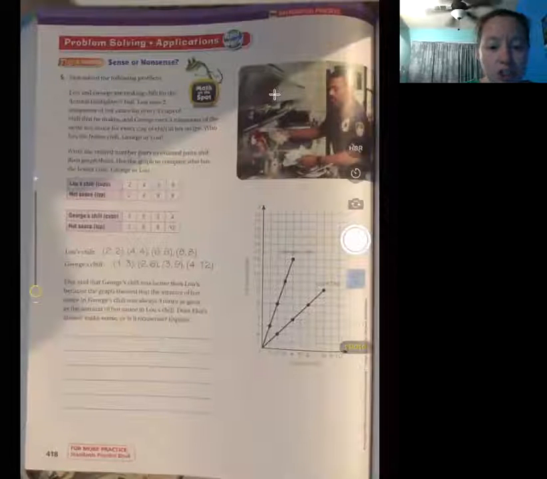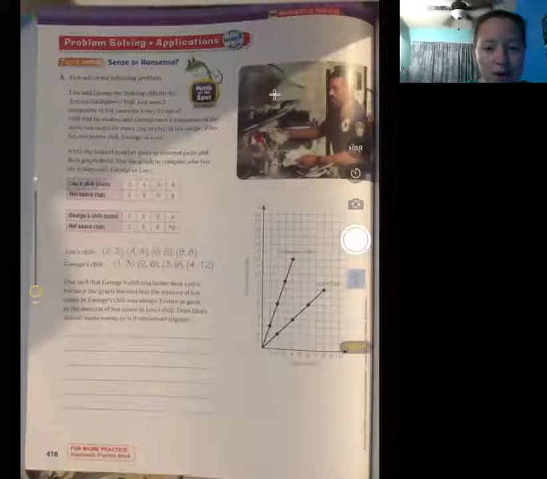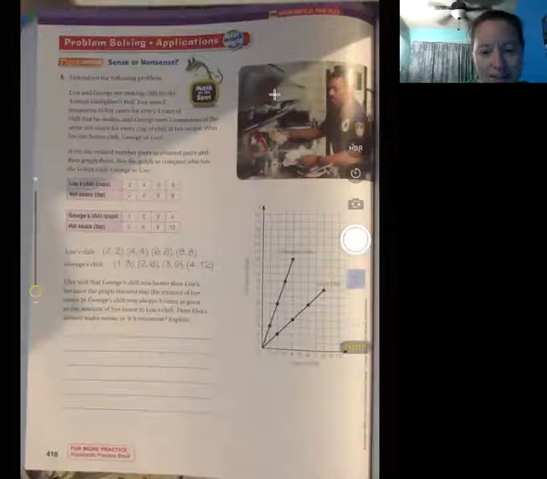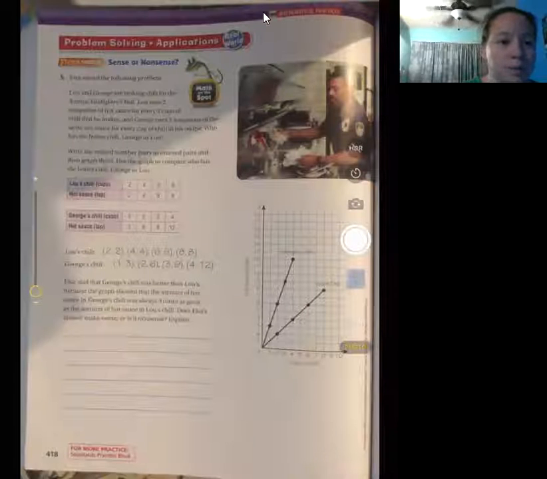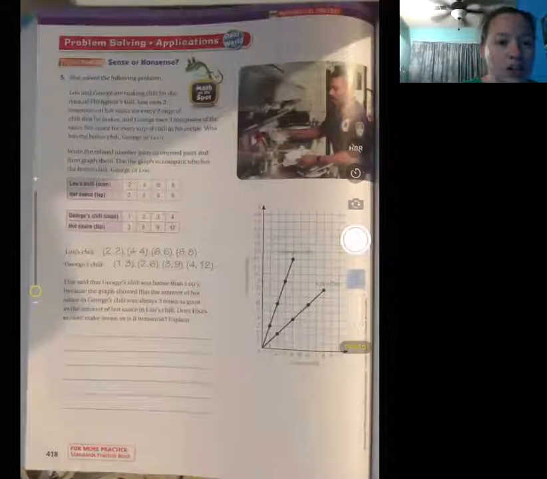Elsa says that George's chili is hotter than Lou's because this graph shows that the amount of hot sauce in George's chili was always 3 times as great as the amount of hot sauce in Lou's chili. Does Elsa's answer make sense, or is it nonsense? What they want us to do is compare these points.